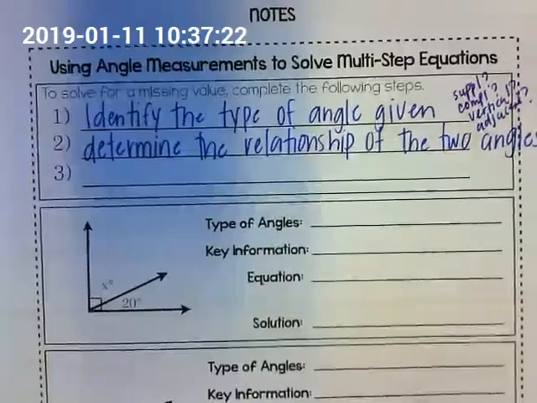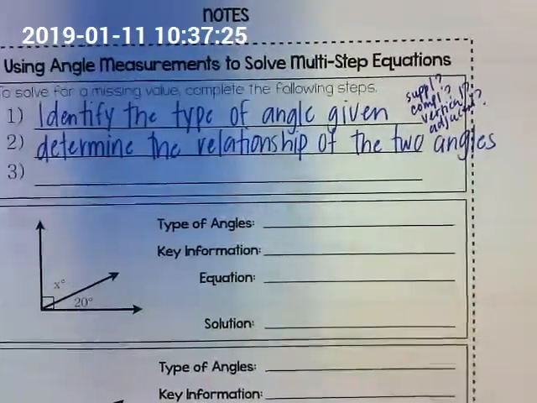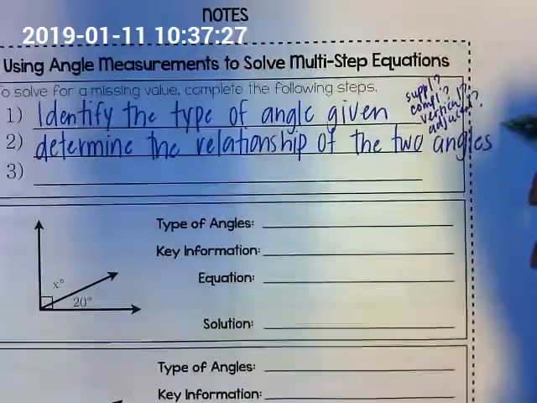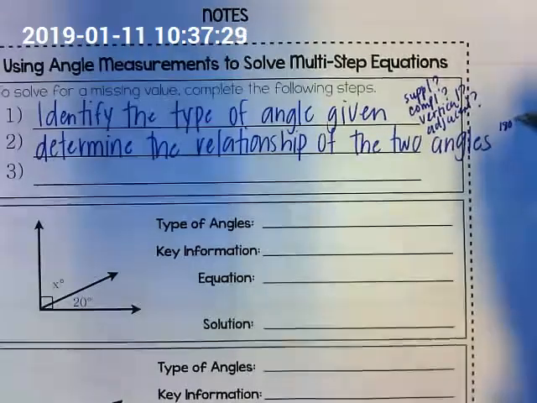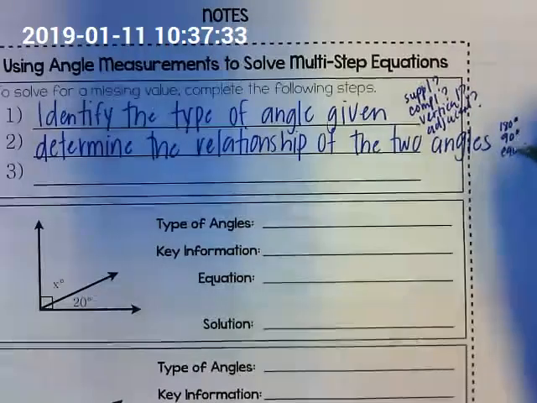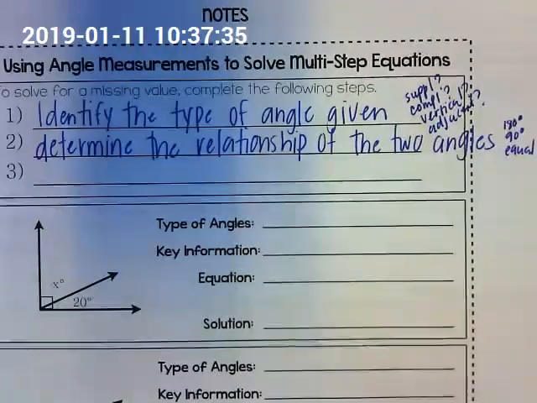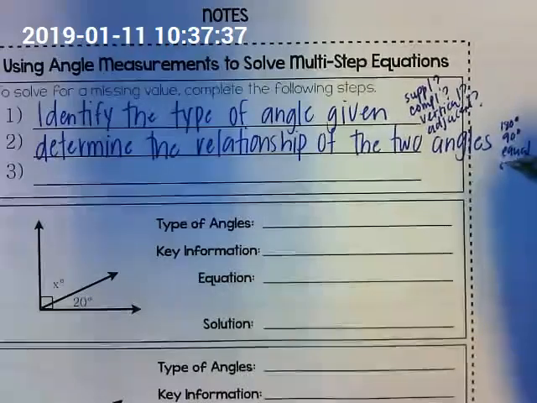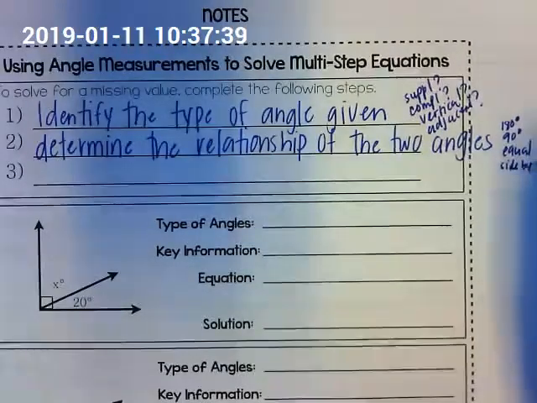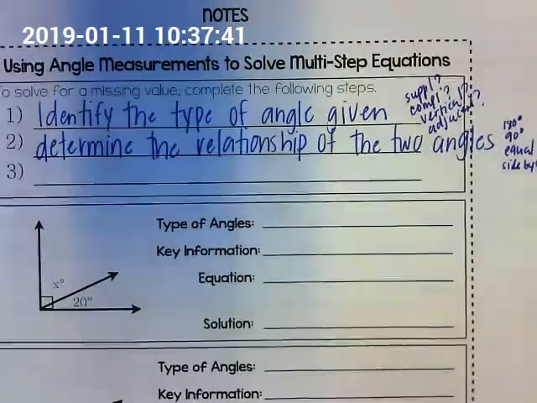Now, what I mean by that is, if they are supplementary, they add up to 180 degrees. If they're complementary, 90 degrees. If they're vertical, they're equal. If they're adjacent, they're side by side. So those are the things I'm thinking about. That's why I'm writing them really small.